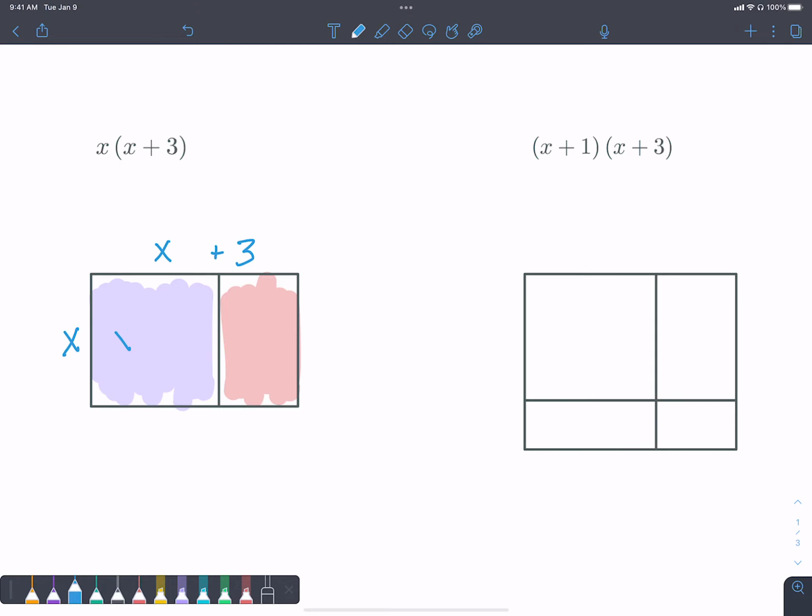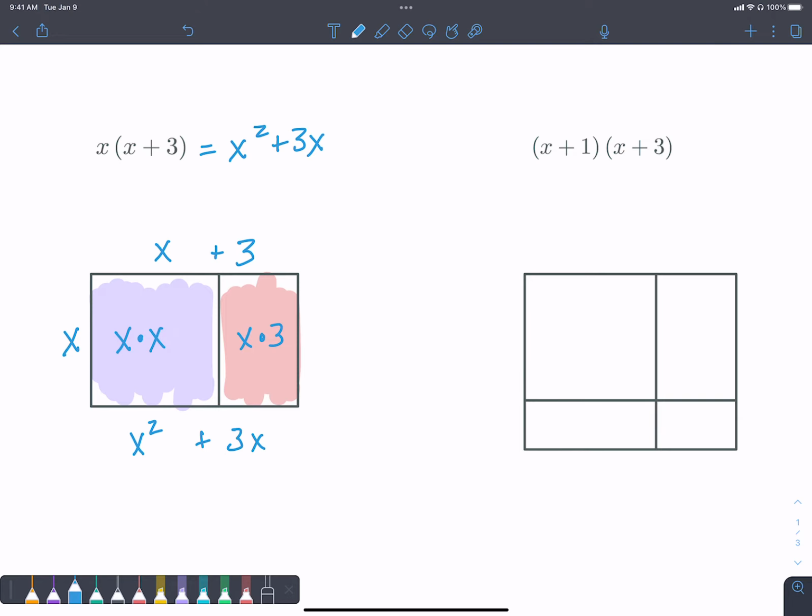Here I've got x times x, and then I've got x times 3, and I'm going to add those two things together. So I've got x squared plus 3x. So here's how we can start multiplying these together. It comes out to be x squared plus 3x.